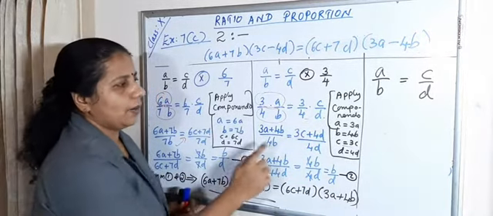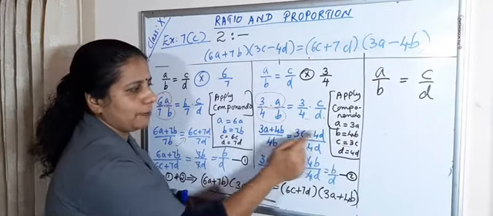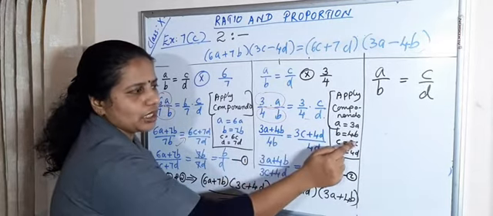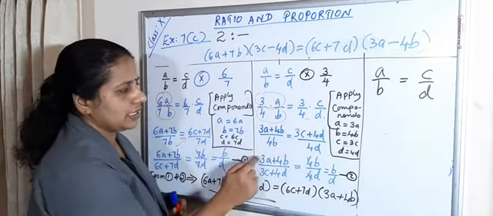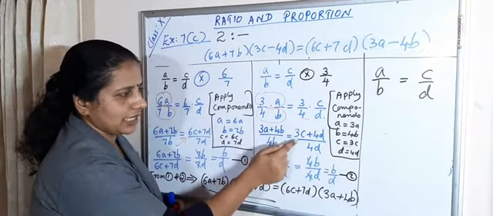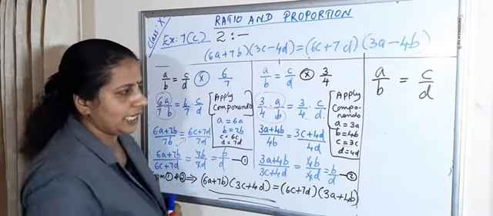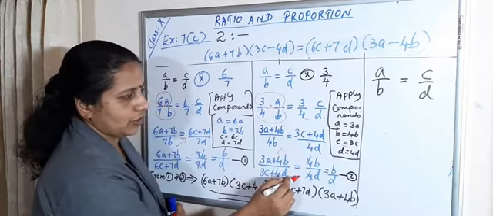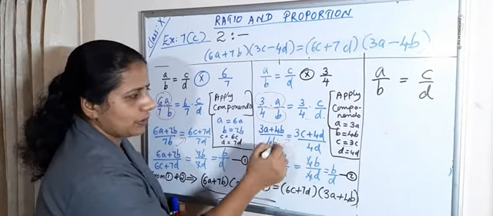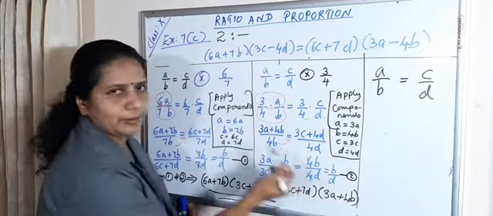Now applying componendo, that is (3A + 4B)/4B equal to (3C + 4D)/4D. Taking this to the LHS side, (3A + 4B)/(3C + 4D) equal to, taking this 4B to the RHS side, 4B by 4D. That is equal to B by D.